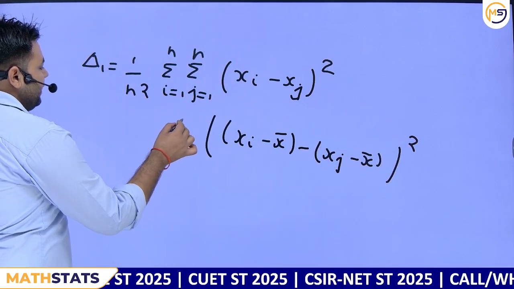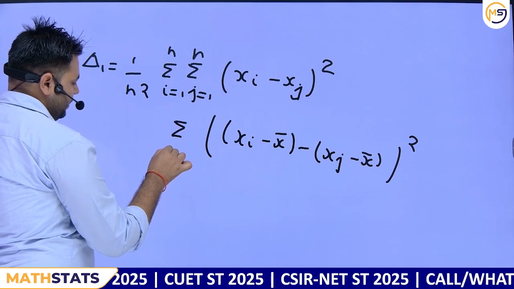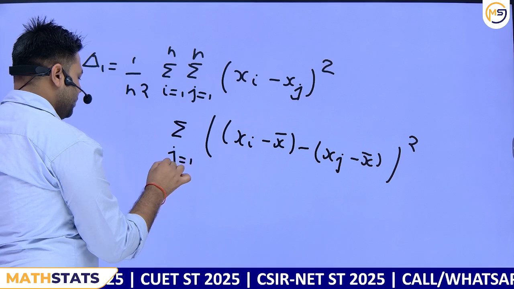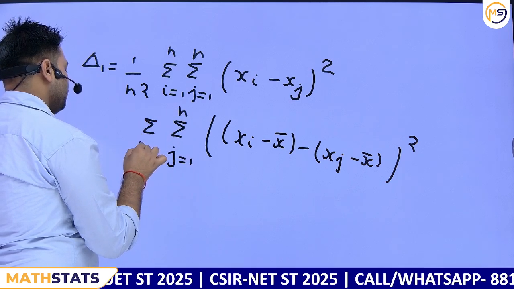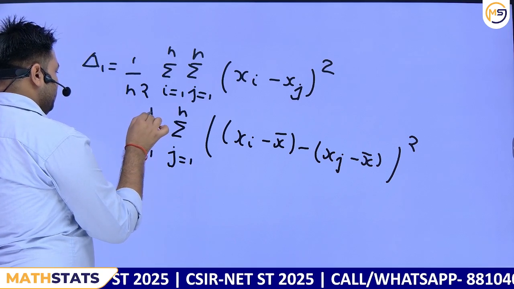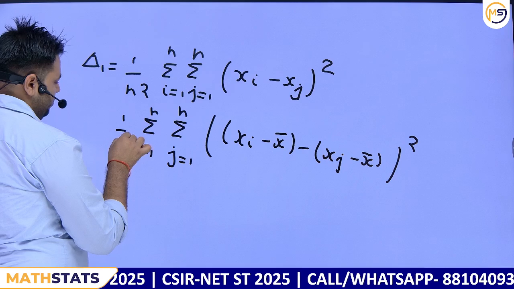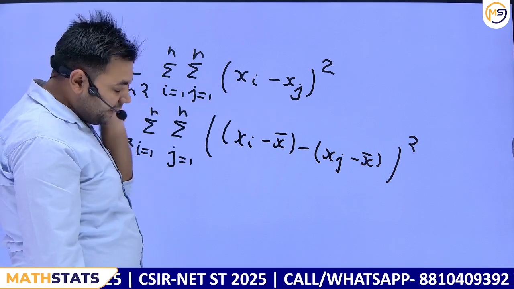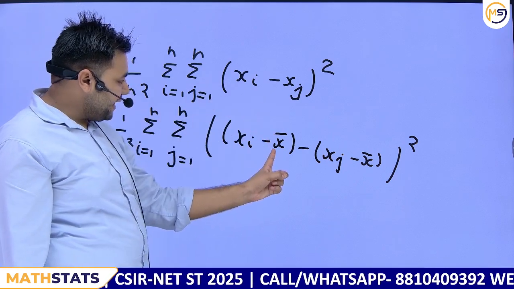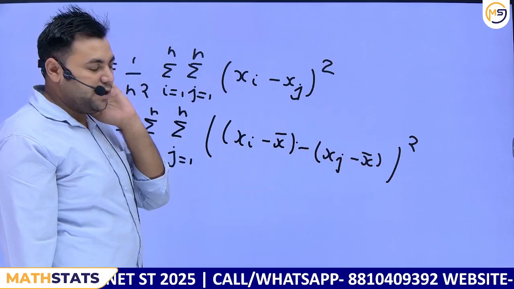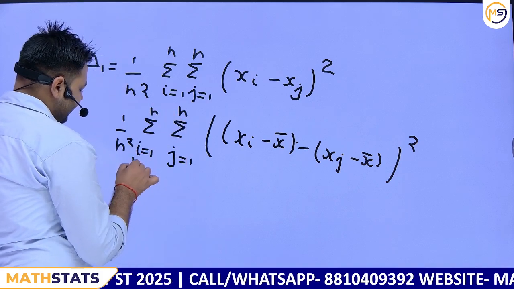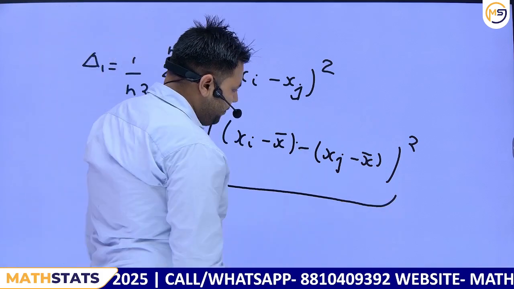When we add and subtract x bar, we multiply the minus and get plus x bar.